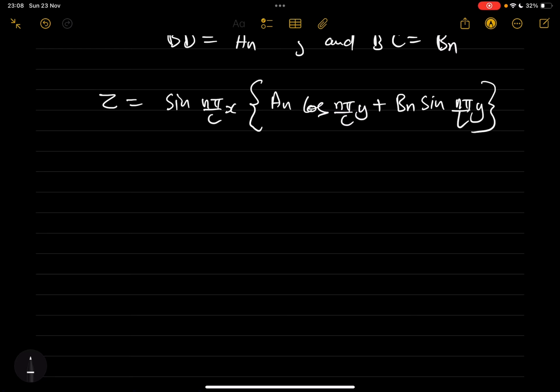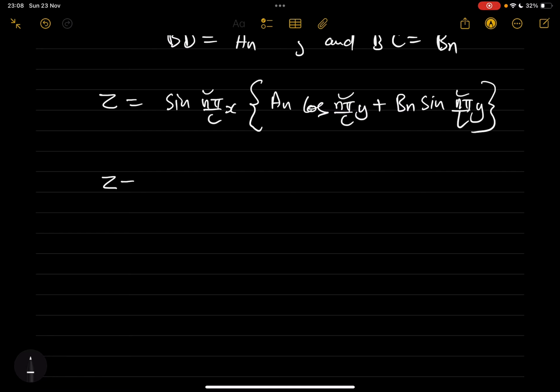So if we substitute the value of n, if we substitute n is equal to 1, we get a solution. N is equal to 2, we get a solution. N is equal to 3, 4, 5, 6, 7, 8. So we are getting solutions for as long as n is a positive integer, which means we can sum all of those solutions.